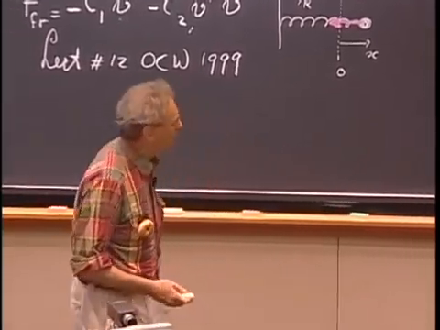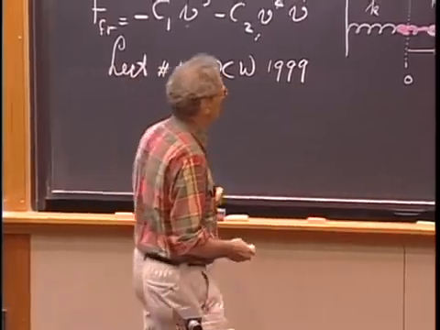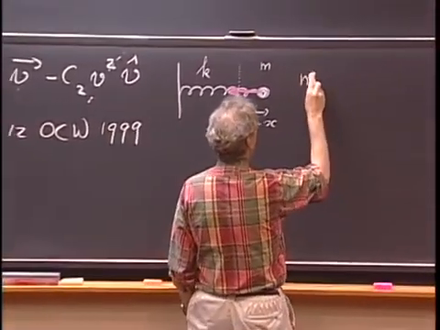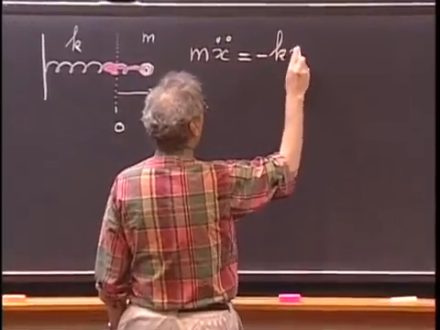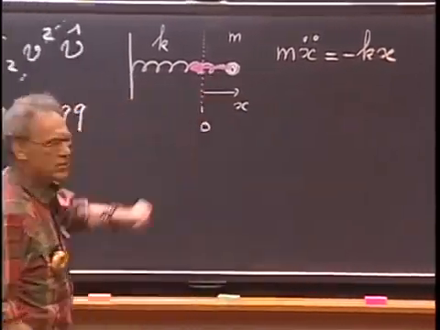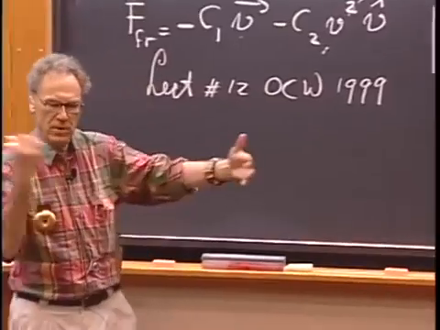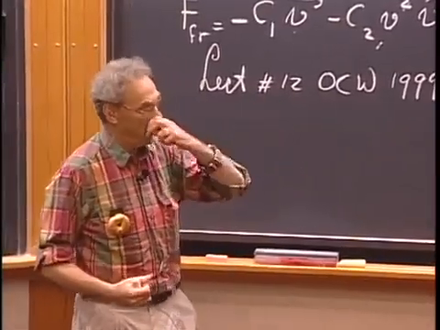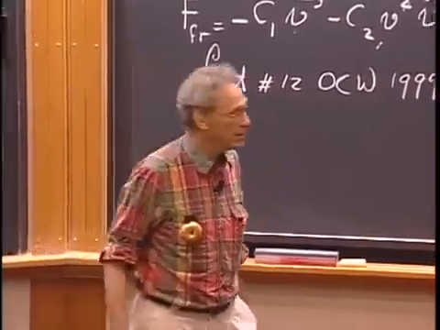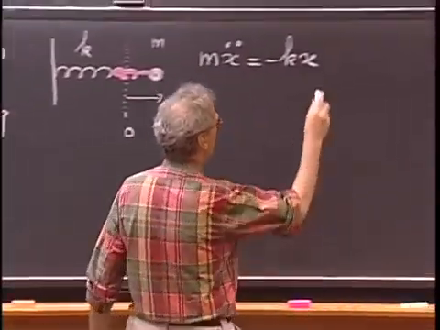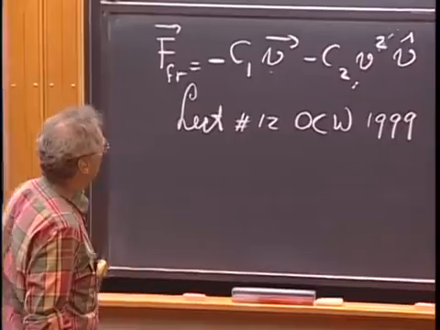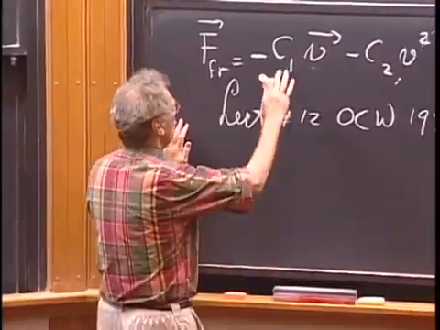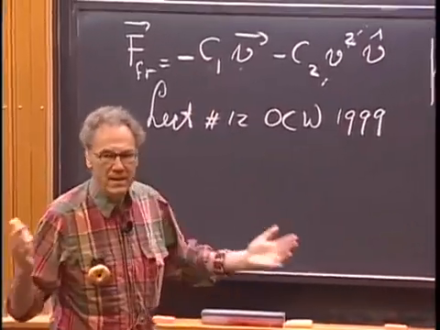But what I can do, I can write down Newton's second law, which says that m x double dot is minus kx. That is this force. When x is positive, the force is in the negative direction, so the minus sign takes into account that we're dealing with vectors. And then we have minus this term. Now when we deal with 803, we will call this C1 just B. That's a tradition.